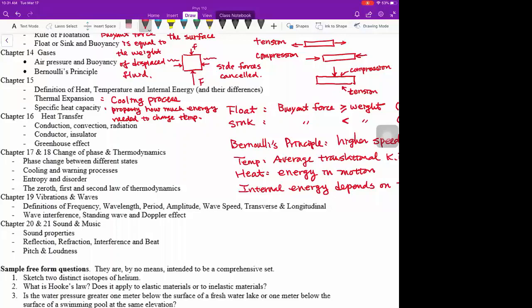The specific heat is the capital C. A smaller C represents that it's going to change temperature faster.